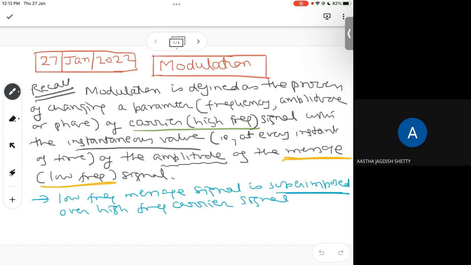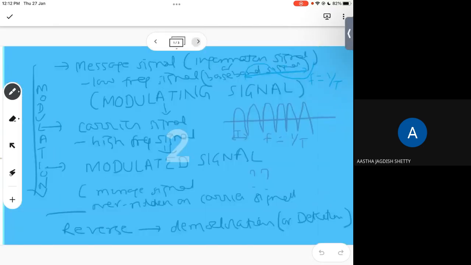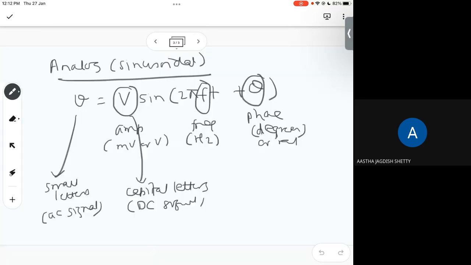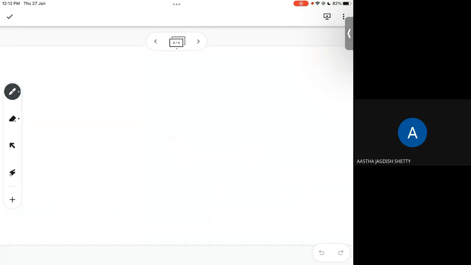So basically, as we see here, before we go into the mathematical formulation of the modulation, there are three types of modulations possible.